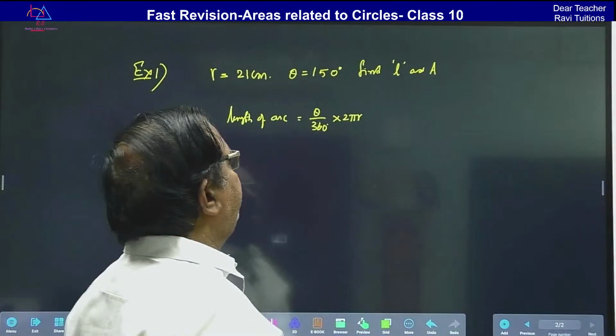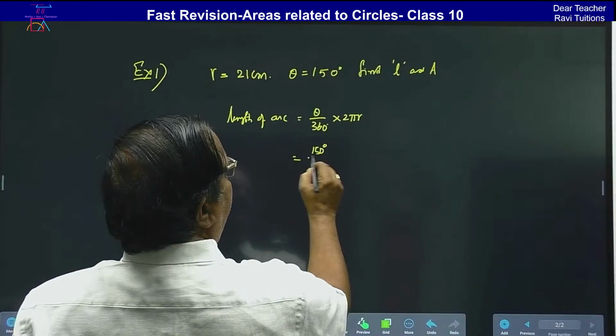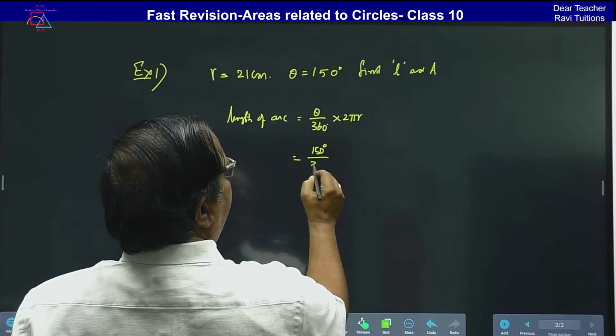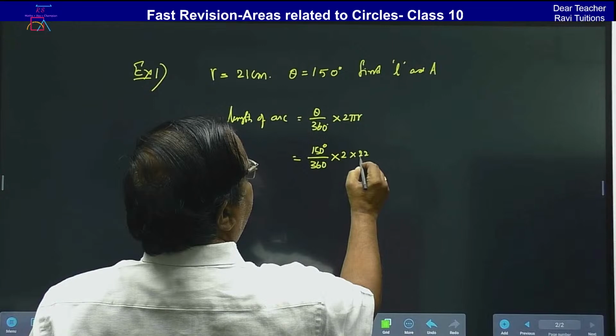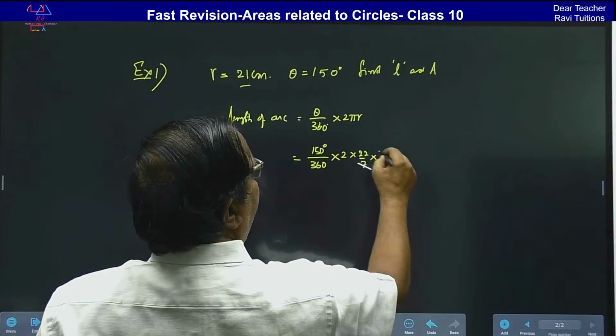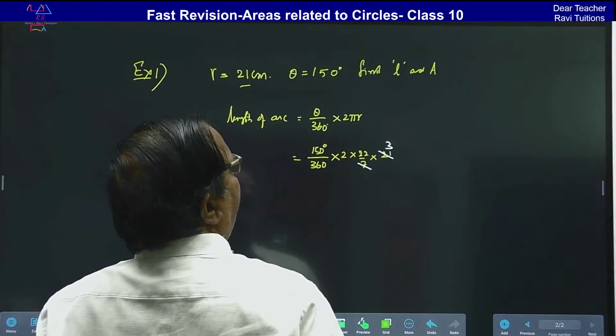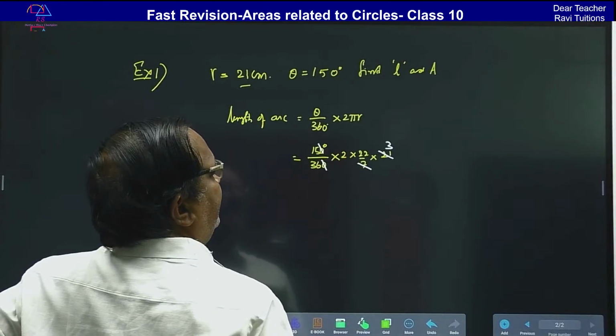So now, in the place of theta, 150 degrees by 360 degrees, 2 into 22 by 7 into radius 21. Now cancel 7 with 21, 3 times. So 1 0 1 0 will get cancelled.